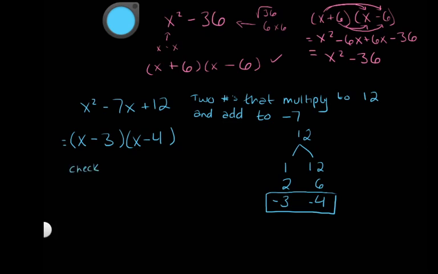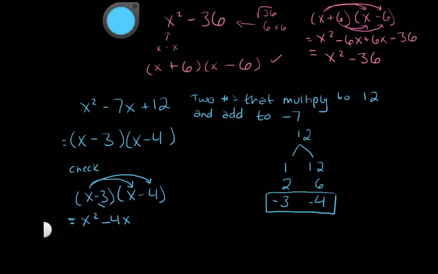by doing x minus 3 times x minus 4. So x times x is x squared. X times negative 4 is negative 4x.